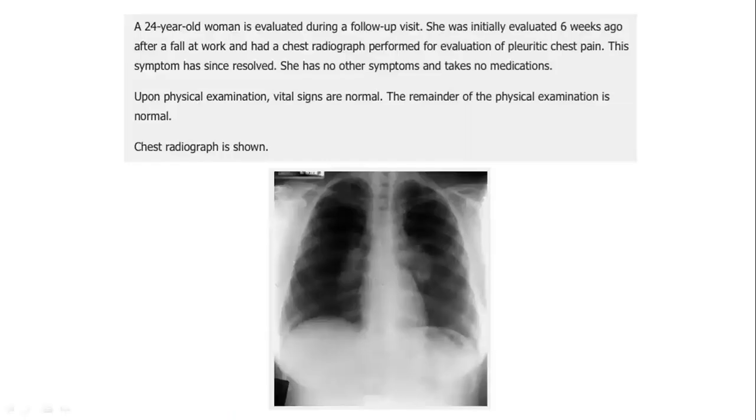Okay, so here's another question. I think it's just an image. So just look at the image and think about it. Anything notable on this chest x-ray?